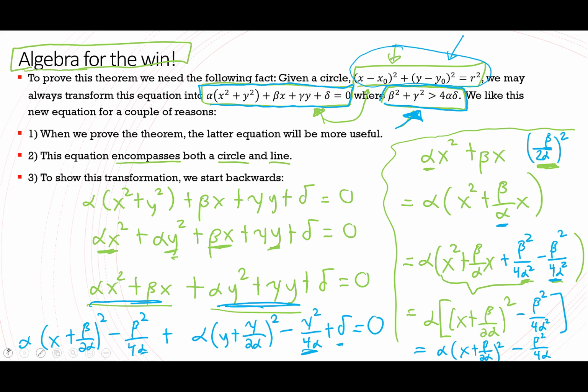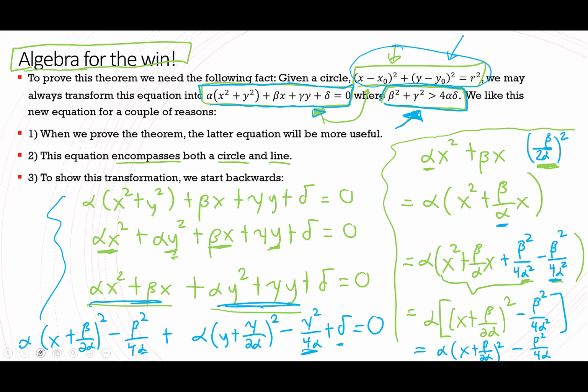So if we have a circle, we can convert it into this equation, and if you use my long algebra and work it backwards, you can go the other way. Starting with a circle, you get this equation, and vice versa.